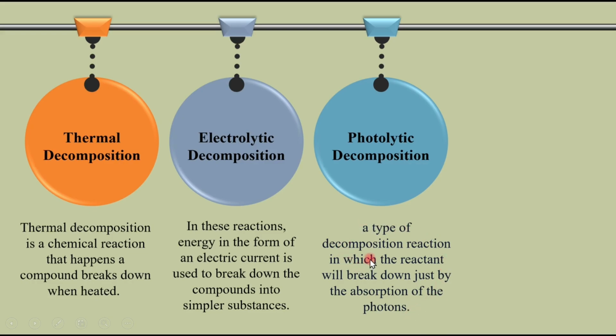When the reactants are exposed to light, they break down to give rise to simple products, and the light is absorbed by the reactants in the form of photons. So this type of reaction is known as photolytic decomposition.